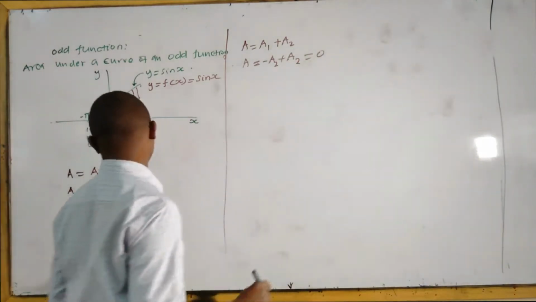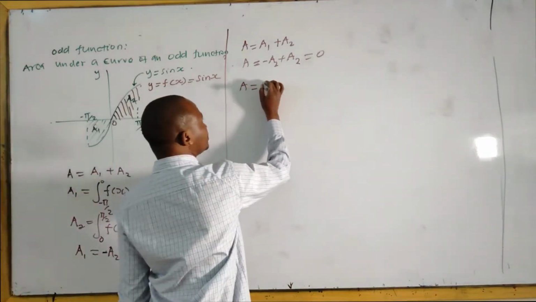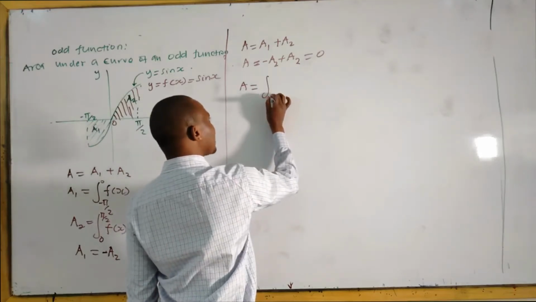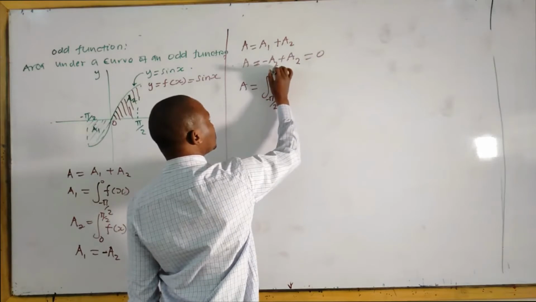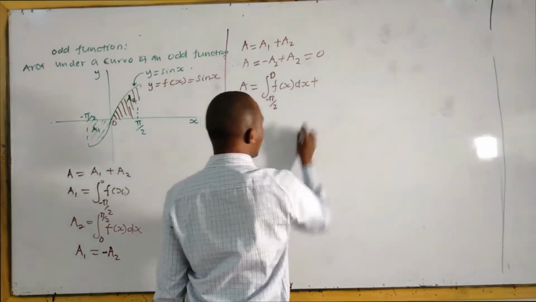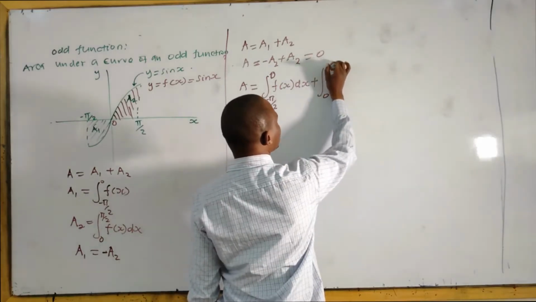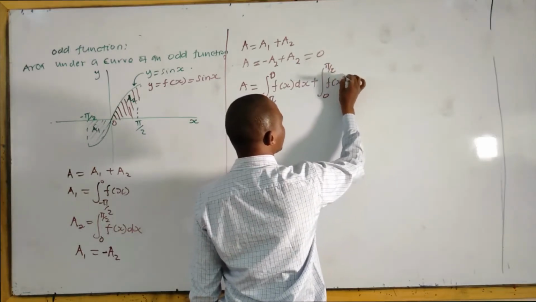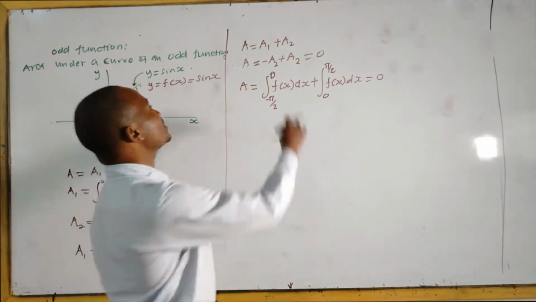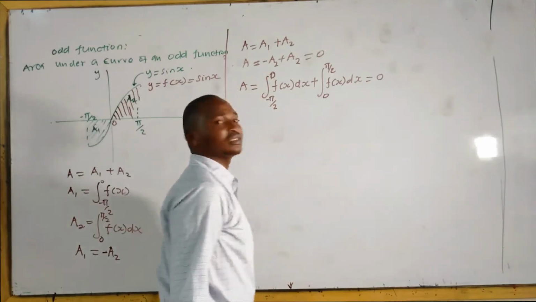So the total area A is the integral from negative pi over 2 to 0 of f(x) dx plus the integral from 0 to pi over 2 of f(x) dx, which is 0, because area 1 plus area 2 is 0.